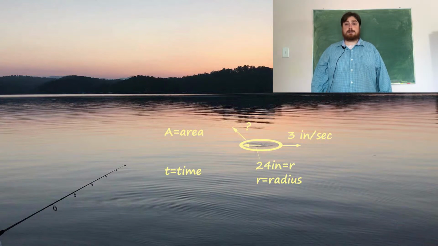Now I would point out here that there are plenty of other things changing in the situation. You could talk about temperature or water depth or anything else you want to talk about. And in fact, a lot of times there are other variables that you may want to look at or may not want to look at. But what we're going to do in the beginning is only deal with variables that say, okay, these are the things that are given to us.